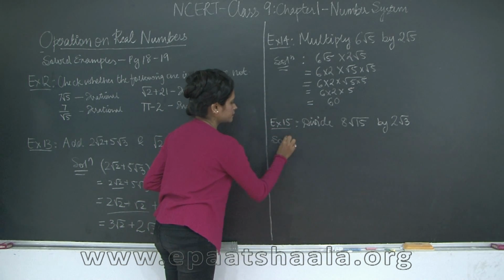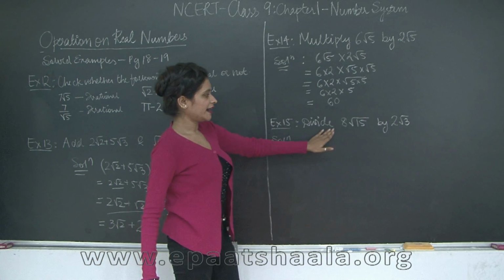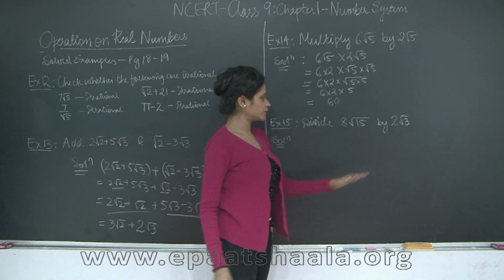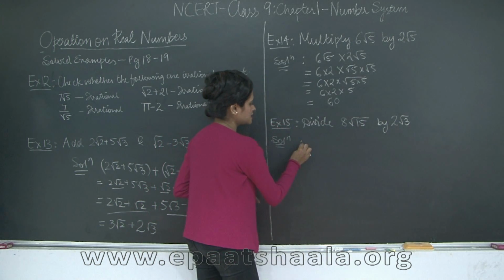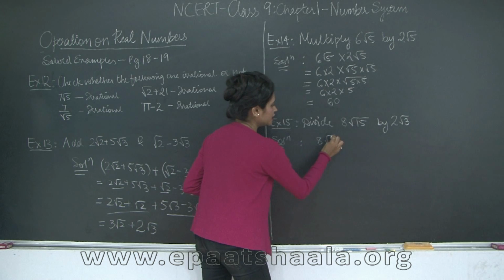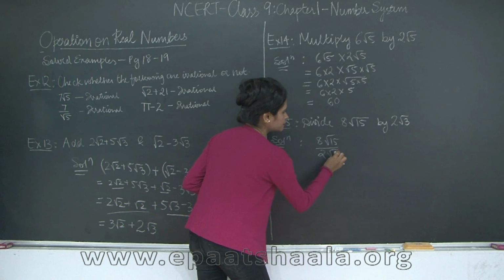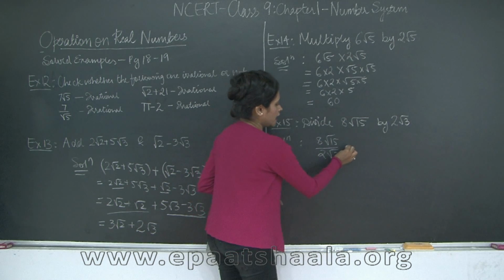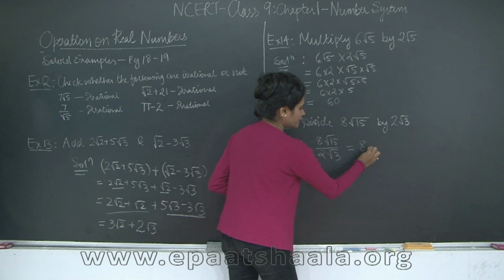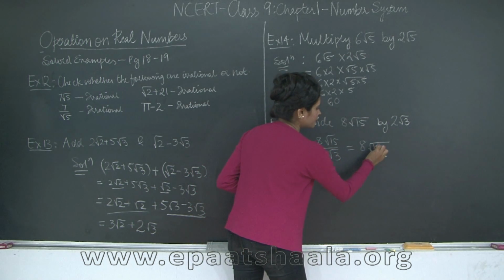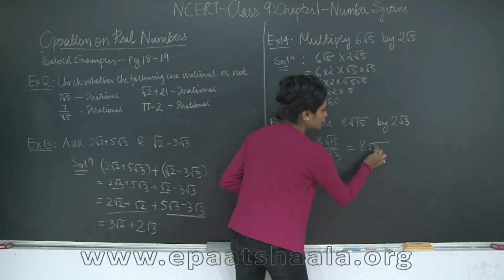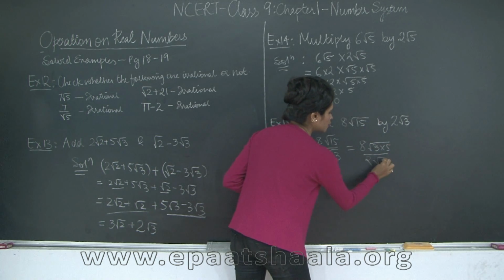Solution. For the 15th one, divide 8 root 15 by 2 root 3. So I can write this as 8 root 15 upon 2 root 3. I can split root of 15 as root of 3 into 5, upon 2 root 3.